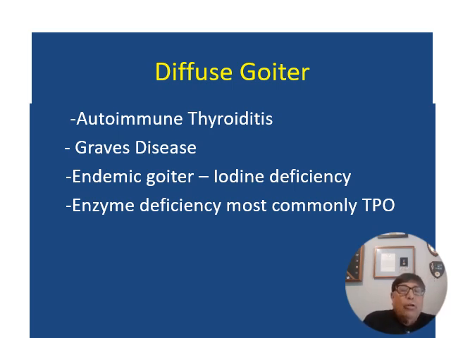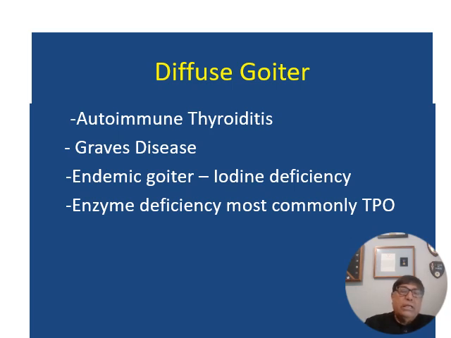Autoimmune thyroiditis should be the first thing that comes to your mind. And then there could be hyperthyroidism secondary to what we call Graves' disease. There will be a separate lecture on autoimmune thyroiditis, and another separate lecture on Graves' disease.